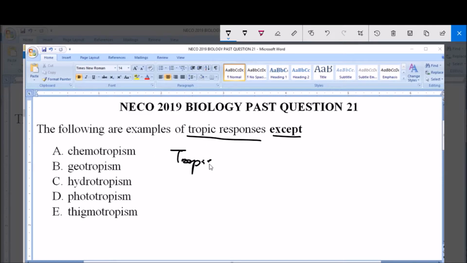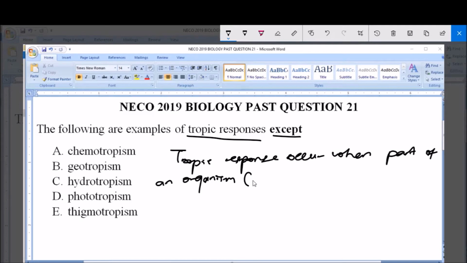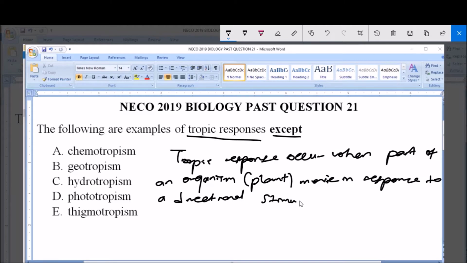Now a tropic response occurs when a part of an organism, mostly plants, moves in response to a directional stimulus.